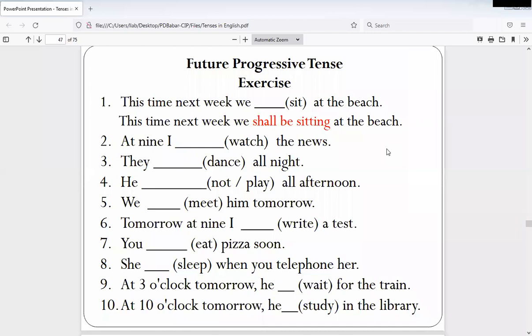Shall be is the most decent one in this sentence. So for I and we, generally we make use of shall be, okay? Keep in mind, at 9 I shall be watching the news.